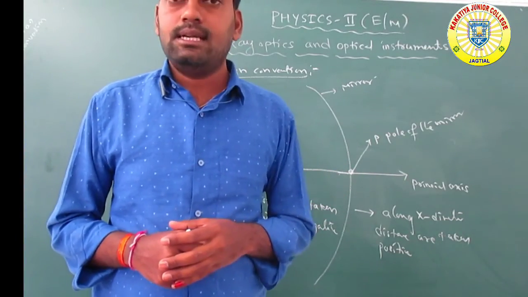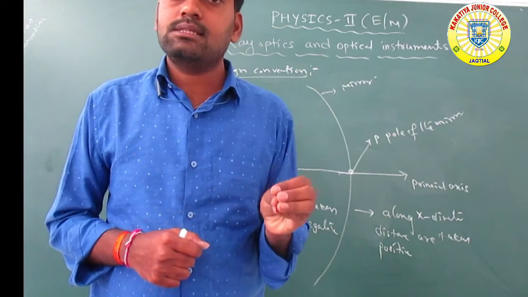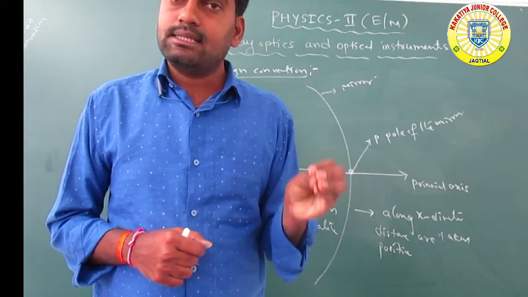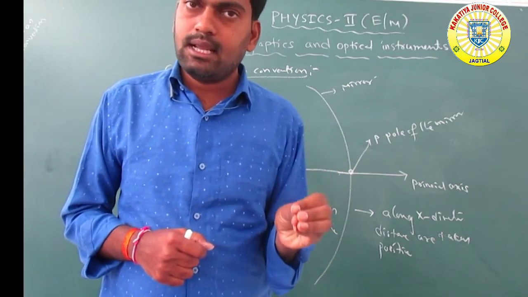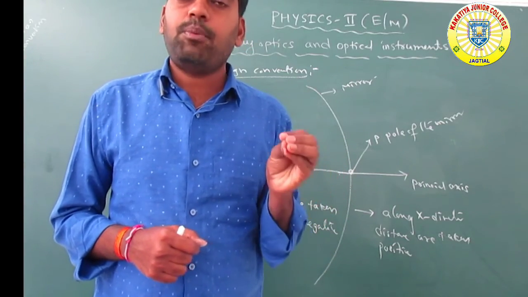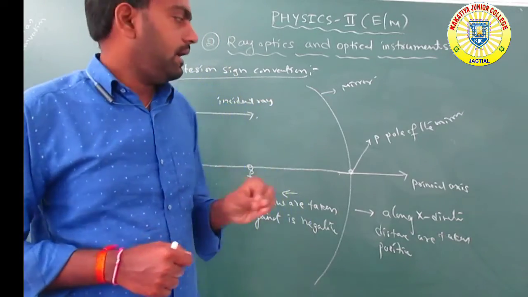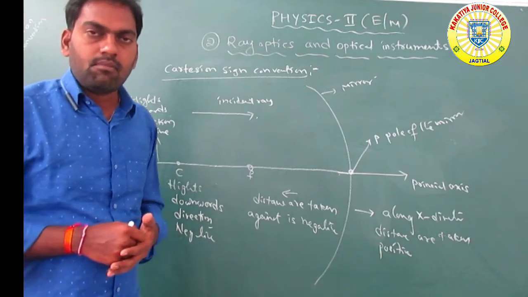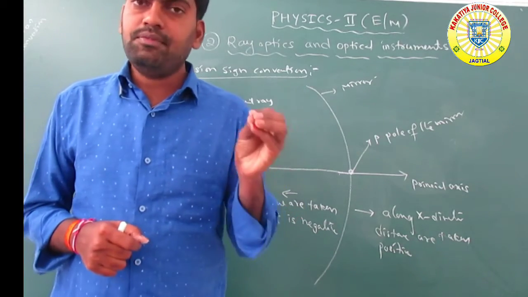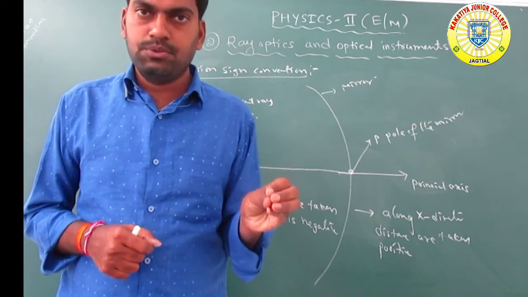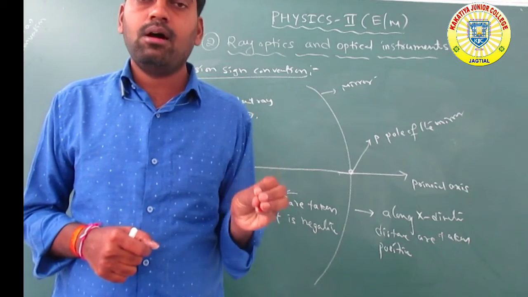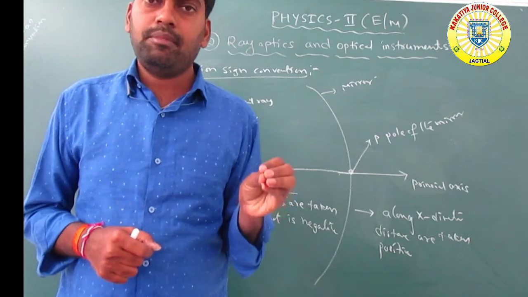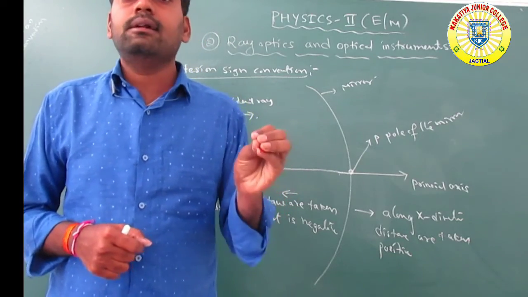The distances measured opposite to, or against, the direction of the incident ray are taken as negative.